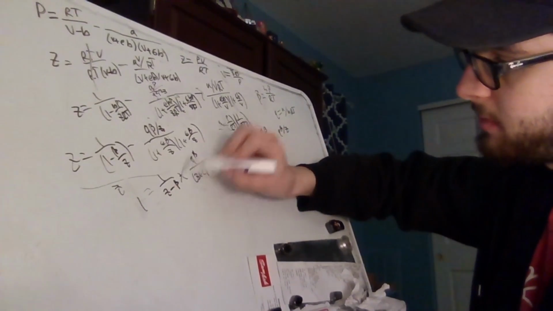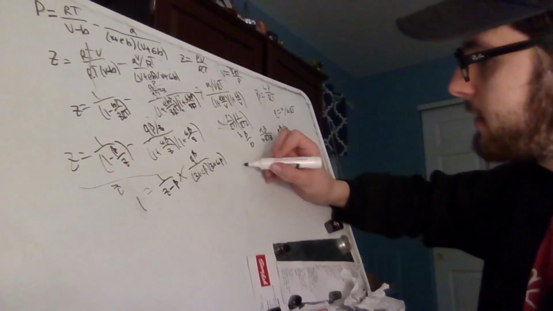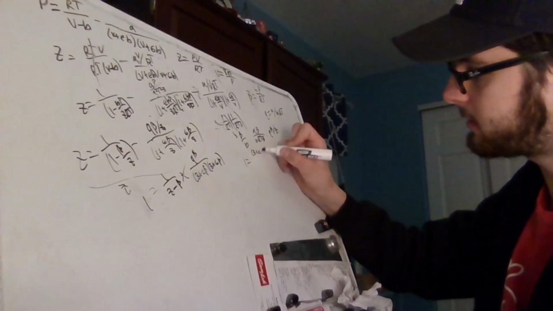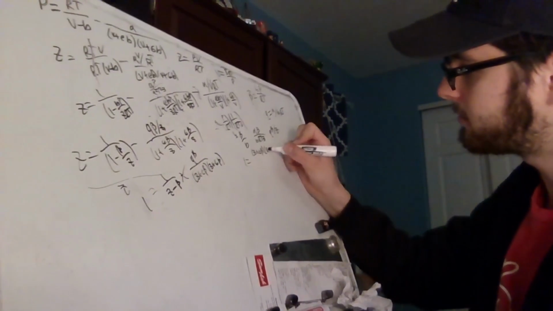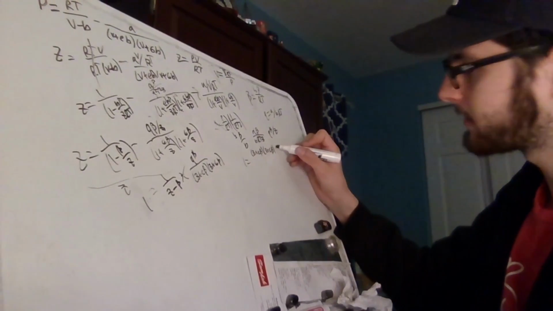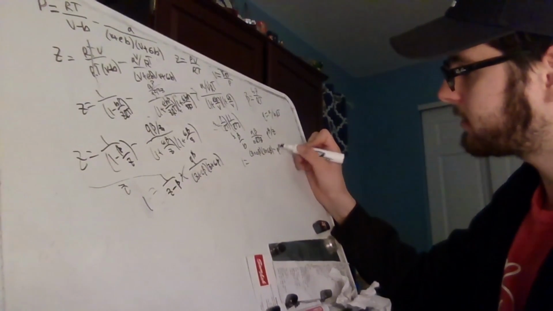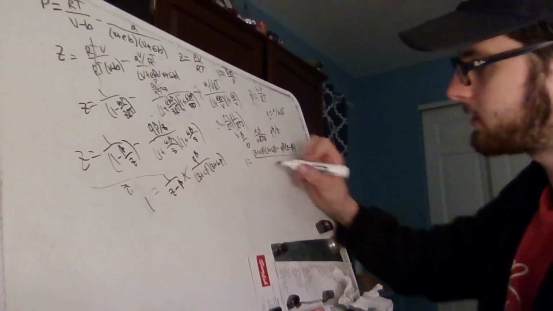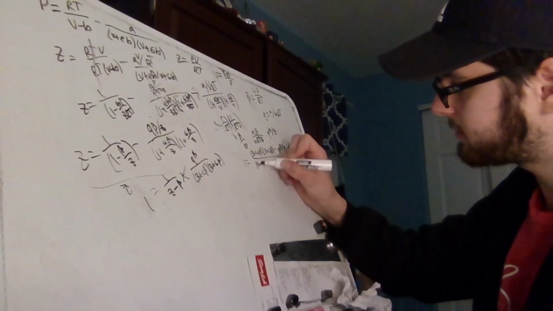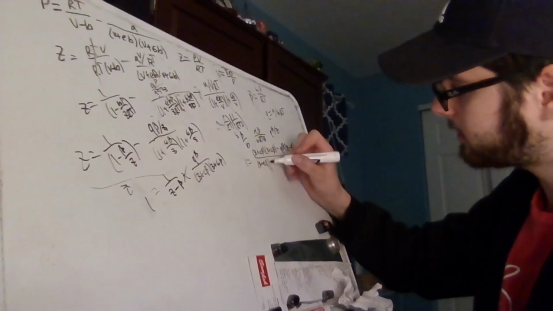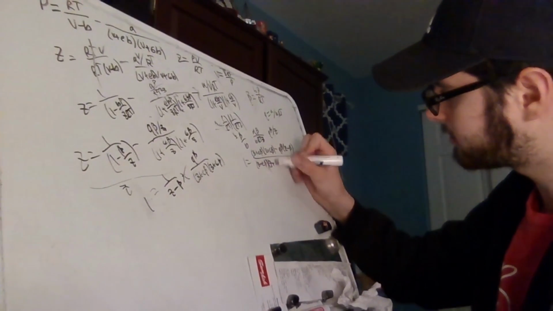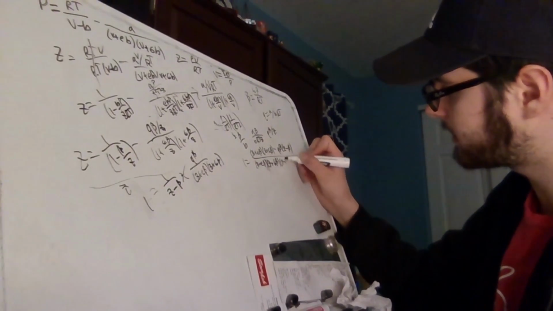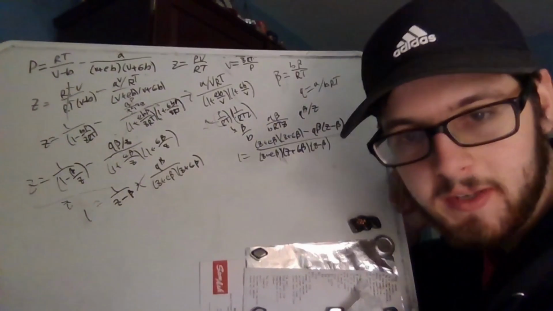And then from here, what you want to do is get a common denominator, so cross multiply everything, and it'll come out to be something along the lines of 1 is equal to Z plus epsilon beta times Z plus sigma beta minus q beta times Z minus beta, over Z plus epsilon beta times Z plus sigma beta times Z minus beta. Okay, so now here's what I've got so far.